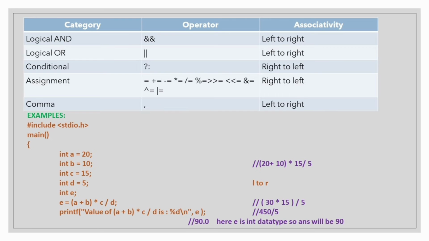Brackets have the highest priority, so we start from left to right. If there are two brackets, then we follow the associativity rule from left to right. So here 20 plus 10 into 15 by 5 becomes 30 into 15 by 5, then we evaluate that bracket value. So 450 by 5, that is 90.0. Here e is of integer data type, so the answer will be stored as 90.